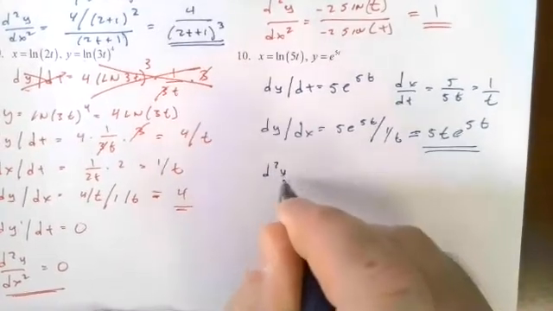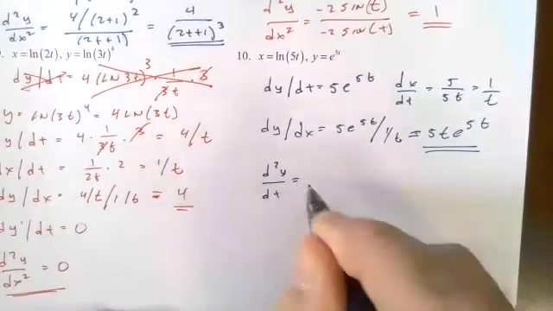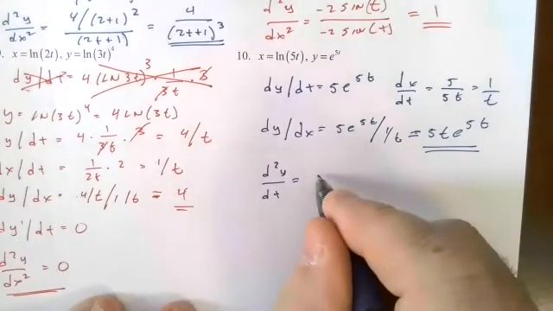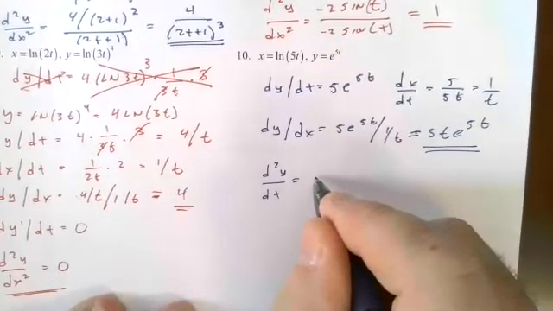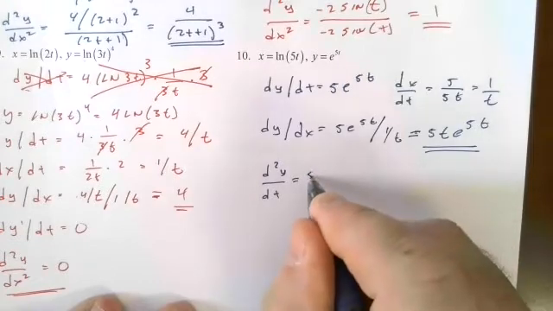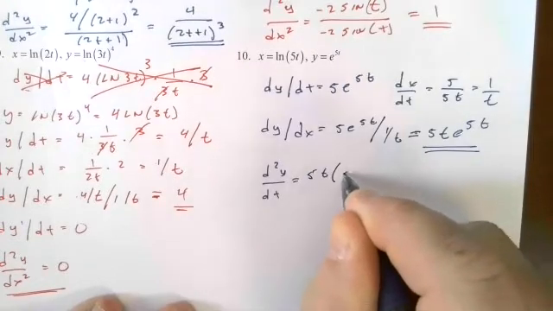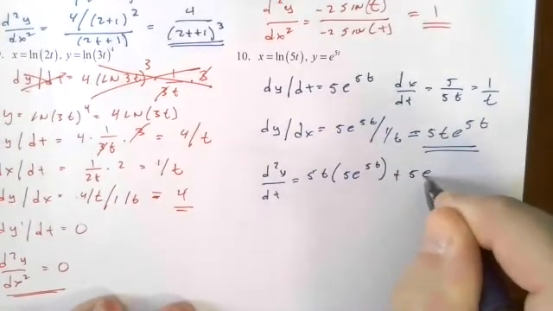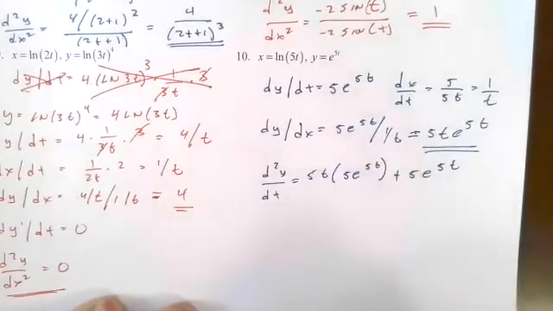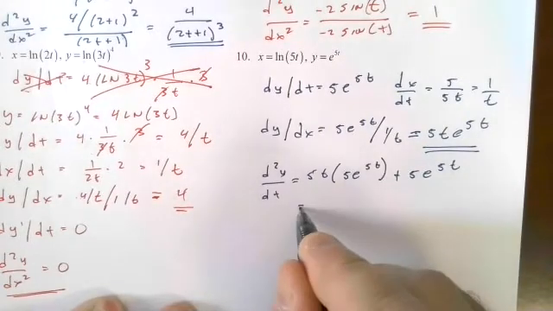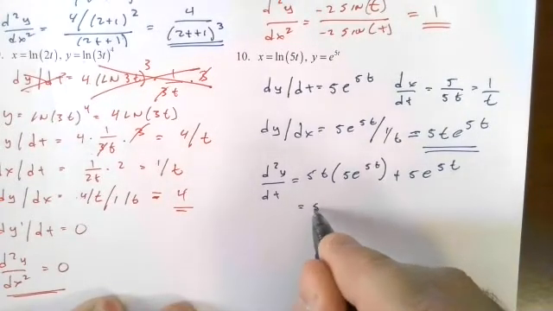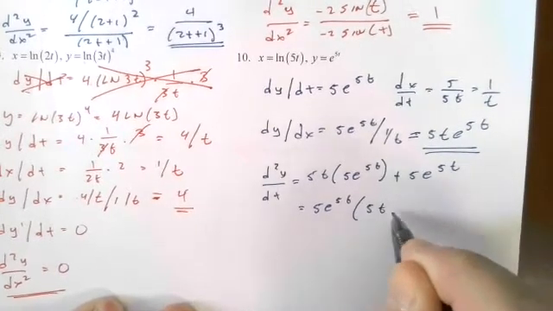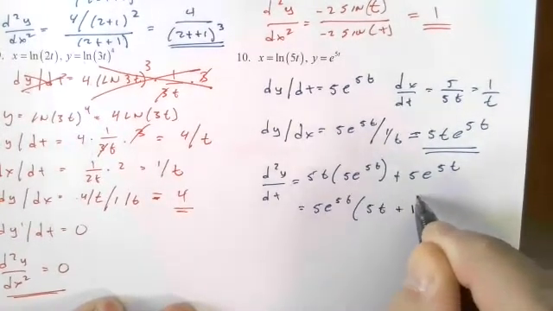d/dt of this with respect to t: leave it, derivative, derivative, leave it. Factor out 5e to the 5t, leaves me with 5t plus 1.